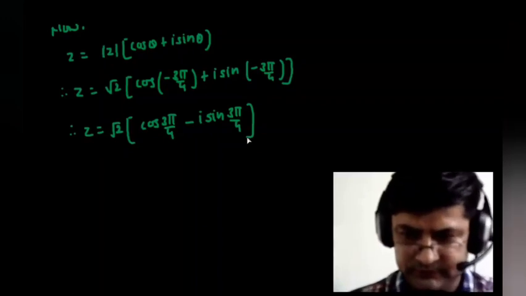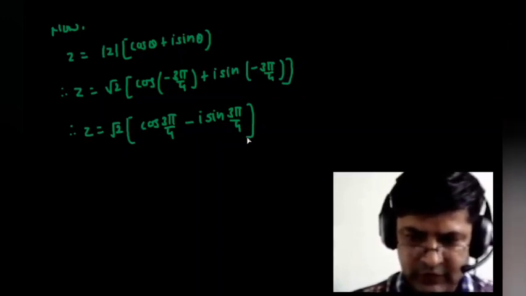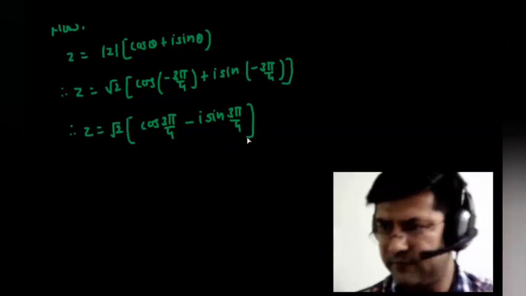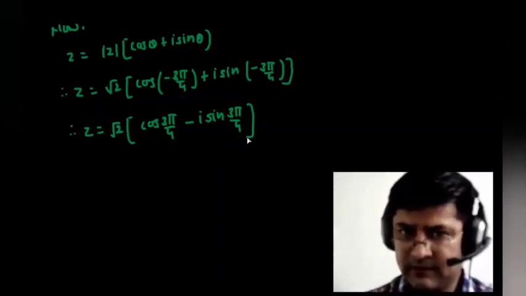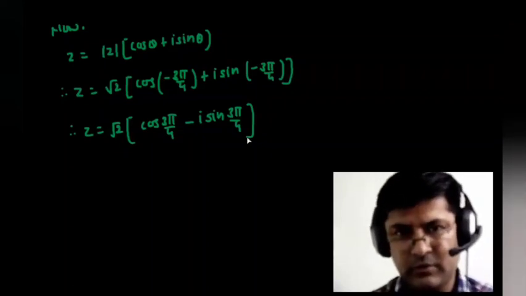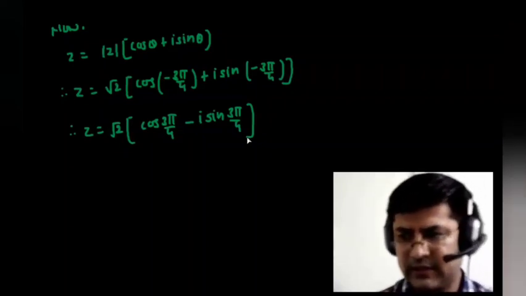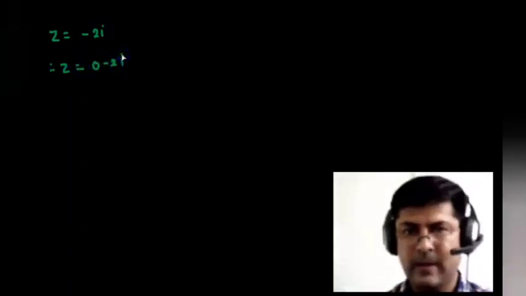I hope that you have understood very well how to convert the given complex number into the trigonometric form or polar form. Let us consider a special case. If z is a purely imaginary number or a purely real number, then what happens? See, z is given to be minus 2i. Now this number can be written as 0 minus 2i. Clear?